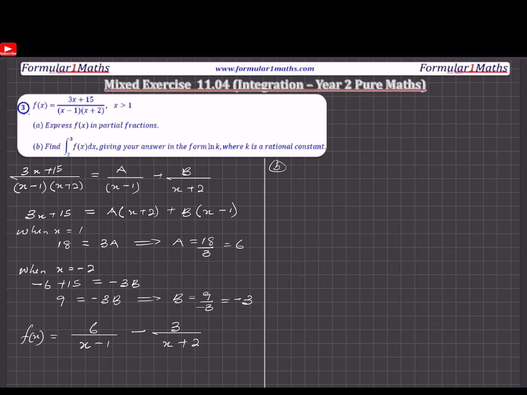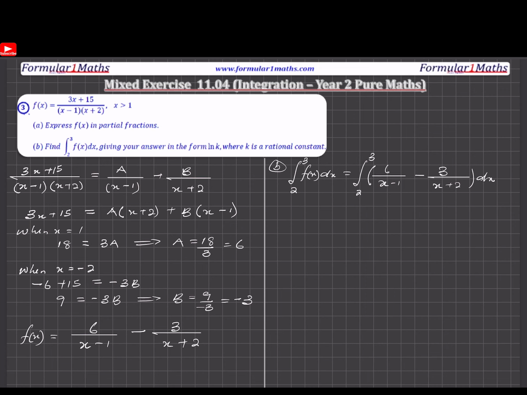So for B, the integral of f of x between the limits of 2 and 3 will therefore be equal to the integral of 6 over x minus 1 minus 3 over x plus 2 dx from 2 to 3.